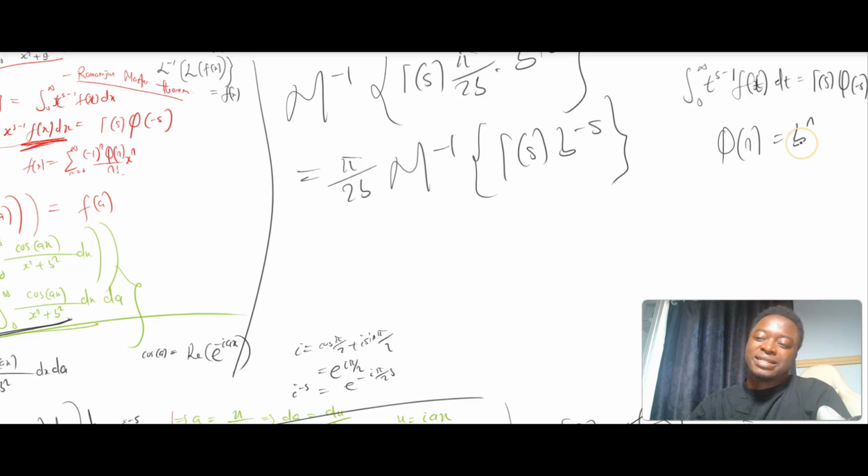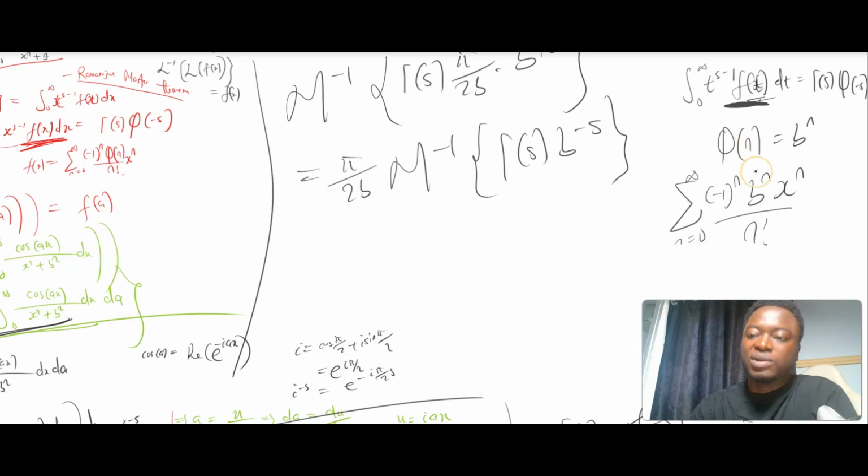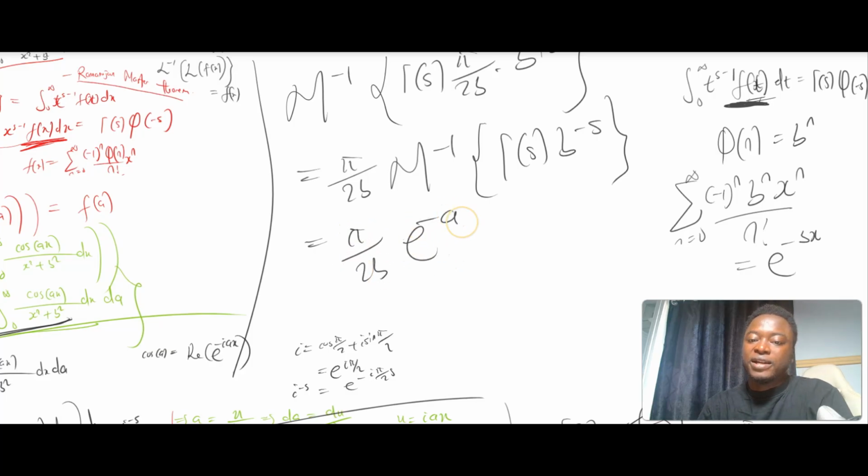So this whole f of t would have a series expansion as n goes from 0 to infinity of negative 1 to the n, involving b to the n, x to the n, all divided by n factorial, which is going to be e to the negative bx. But let's use a for our sake because we are dealing with a. So basically this is going to be pi over 2b times e to the negative ab if you compute the inverse Mellin transform.